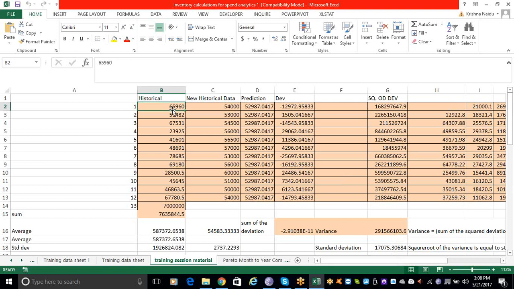And how can you minimize the inventory? If you know that the demand is not very high, you will purchase fewer units of that particular product.